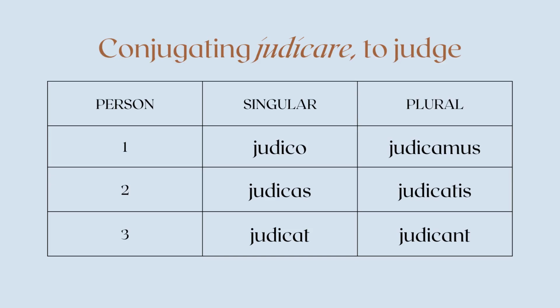So let's have a look. We've got judico, I judge, judicas, thou judgest, judicat, he, she, or it judges, judicamus, we judge, judicatis, you judge, plural, and judicant, they judge. And you can see the A there in 5 out of 6, with the personal pronoun endings following that.